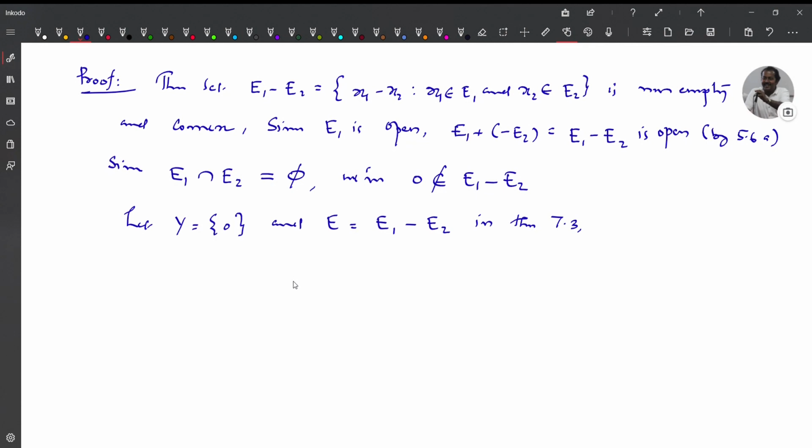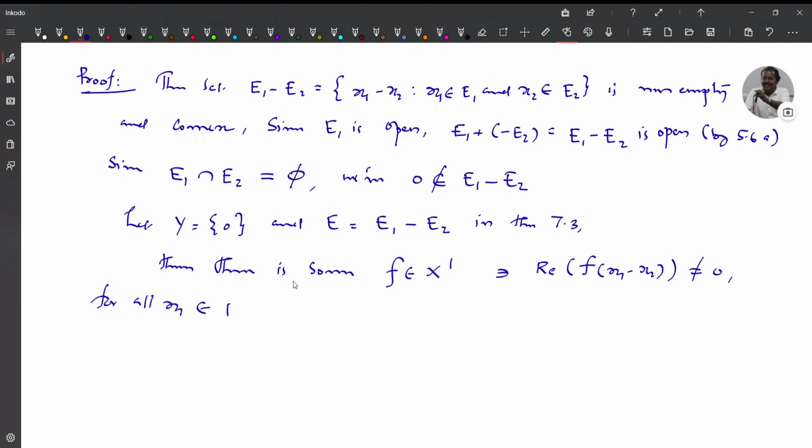Then by Theorem 7.3 there is some f in X* such that real part of f of x1 minus x2 is not equal to 0, because here E is E1 minus E2. This is true for all x1 in E1 and x2 in E2.